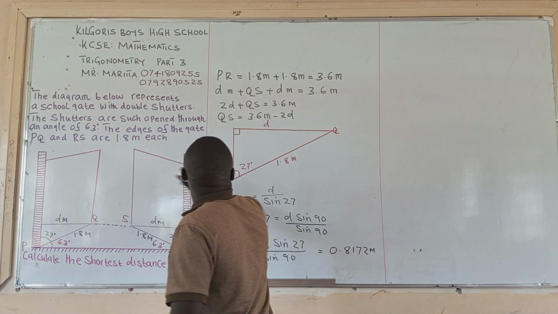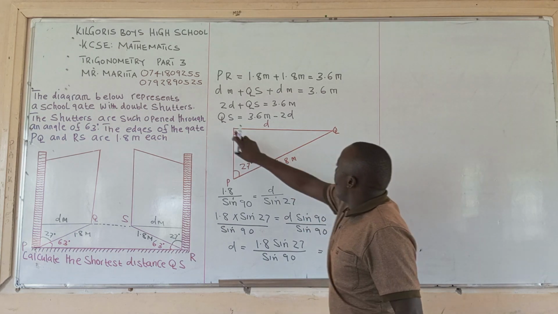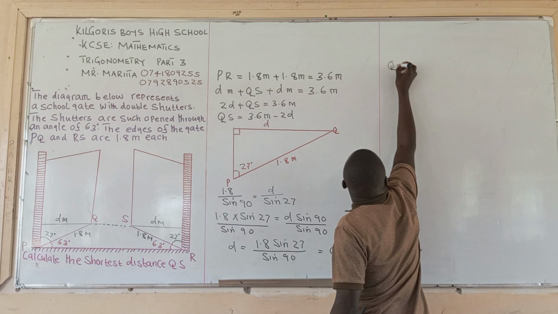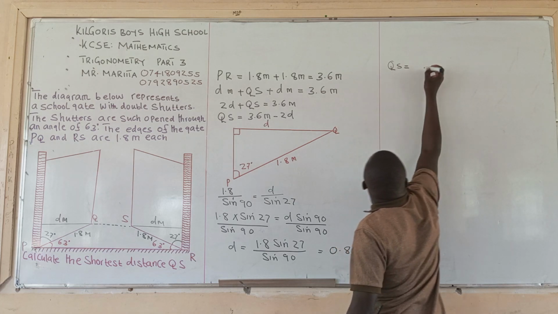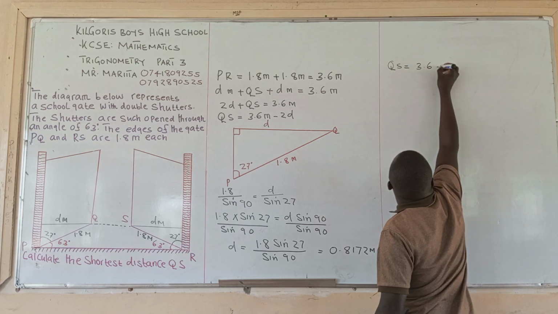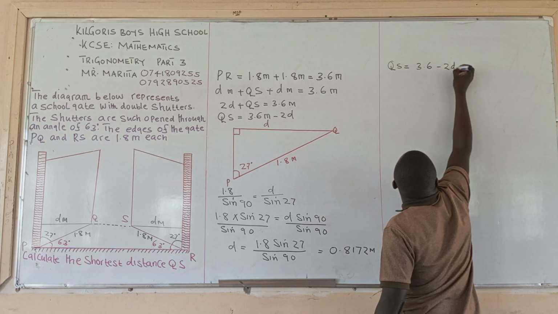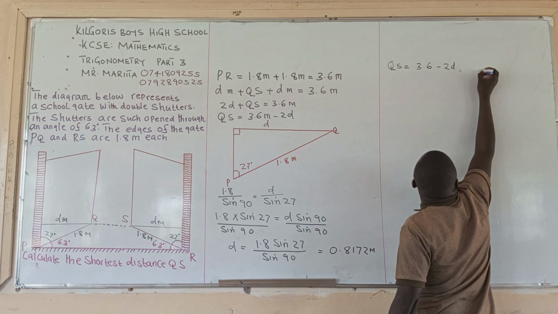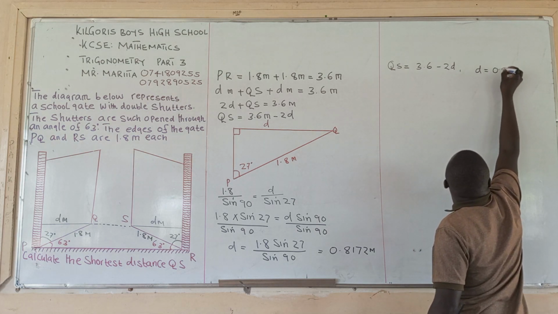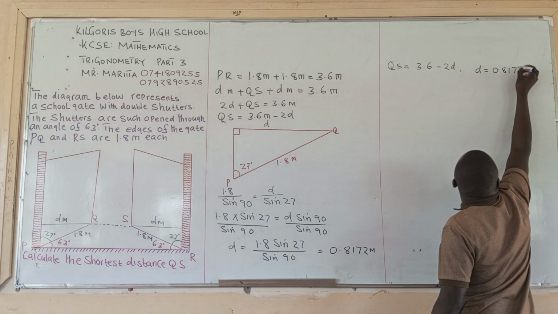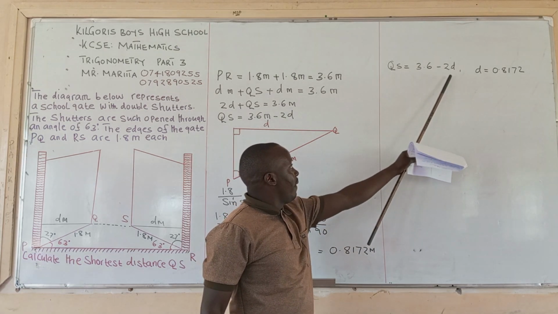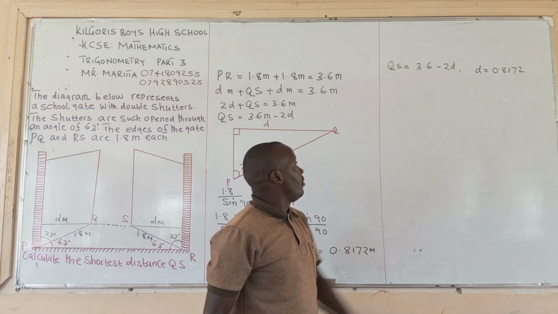So now we come back here where we have our QS. QS will be equivalent to 3.6 minus 2d. But what do you know about this d? d is equivalent to 0.8172. So where there is d, we can substitute 0.8172.